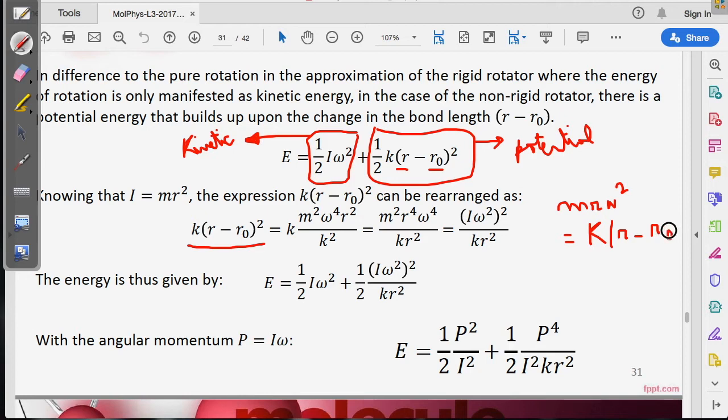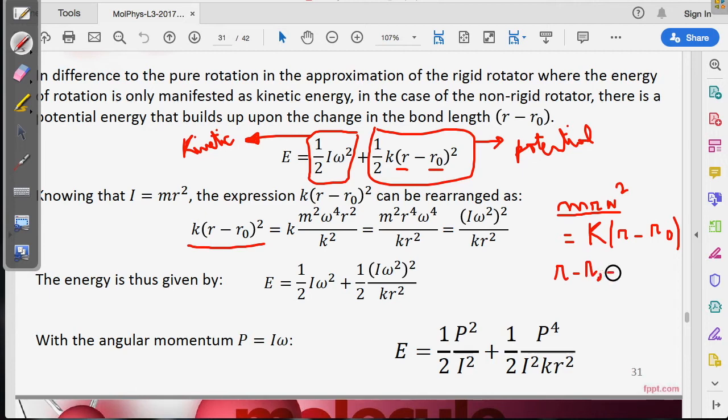And then you see easily from here that r minus r0 is just m r omega squared over k.